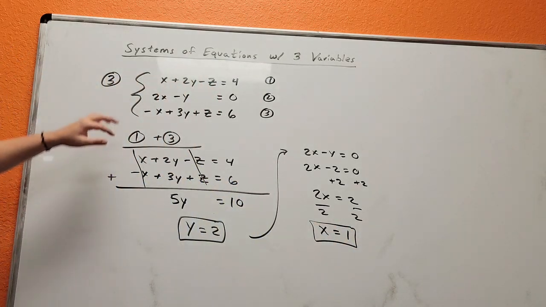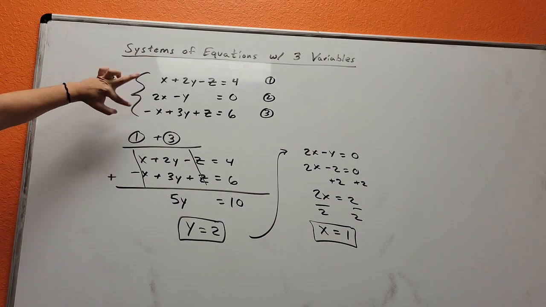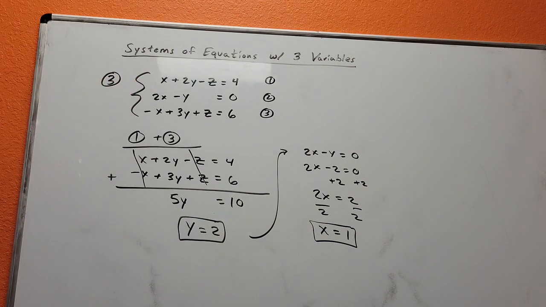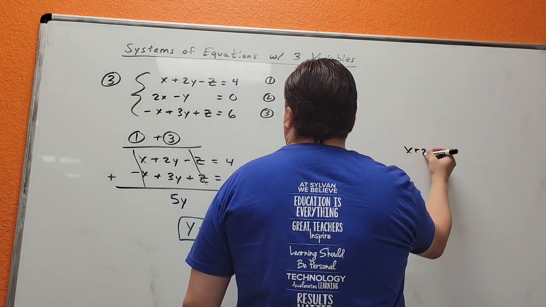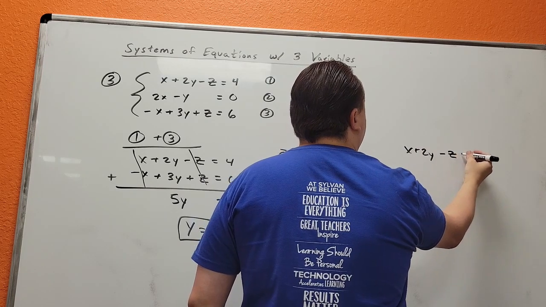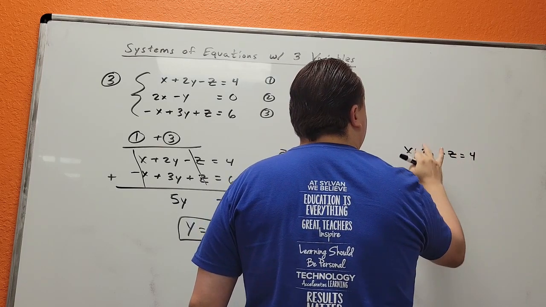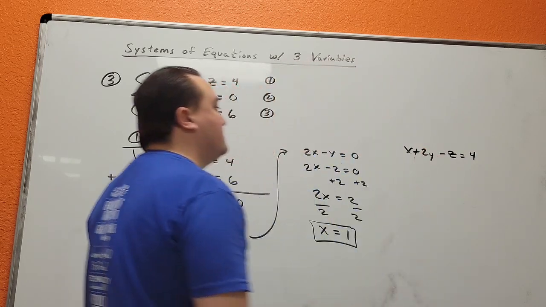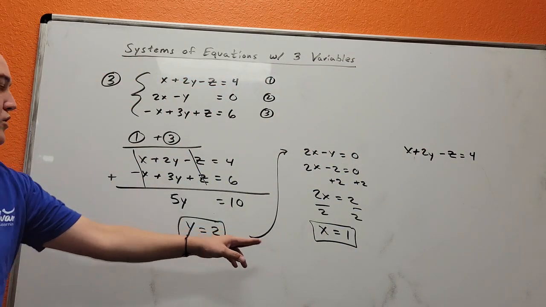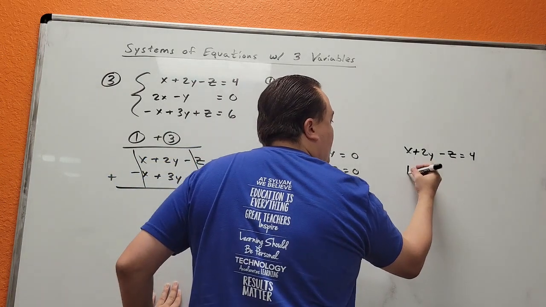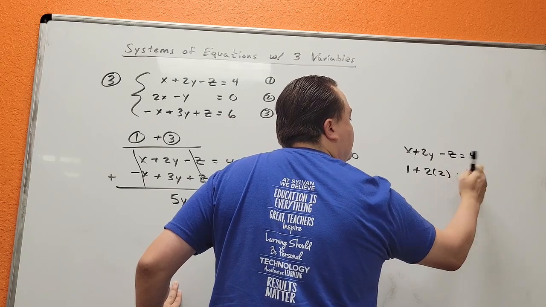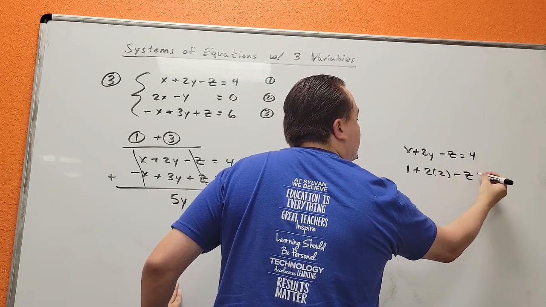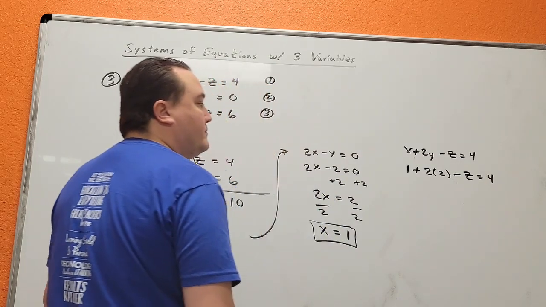And then again, pick your easiest equation from 1 and 3 so you can get z. So we'll just take equation 1. x plus 2y minus z equals 4. Plugging in 1 and 2 into x and y, so that's 1 plus 2 times 2 minus z equals 4.